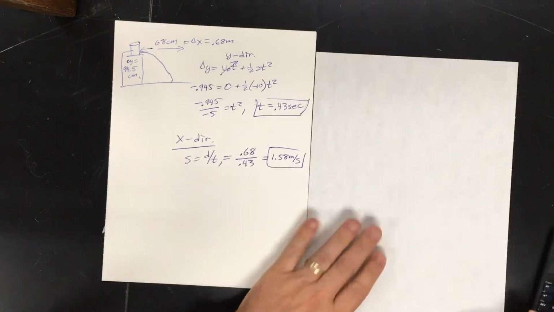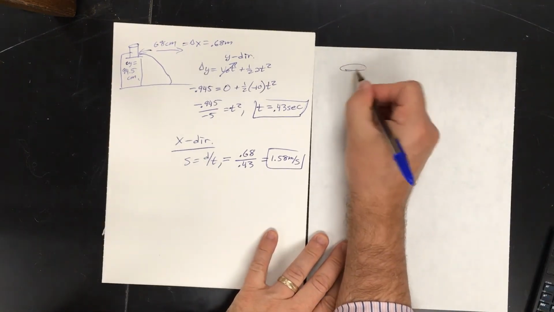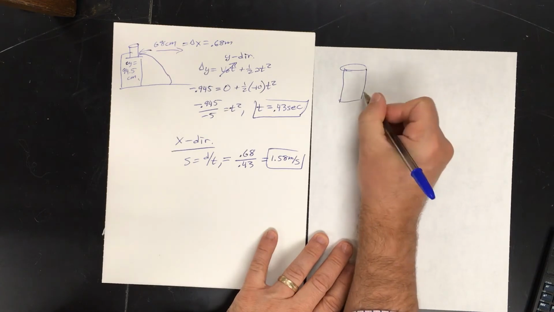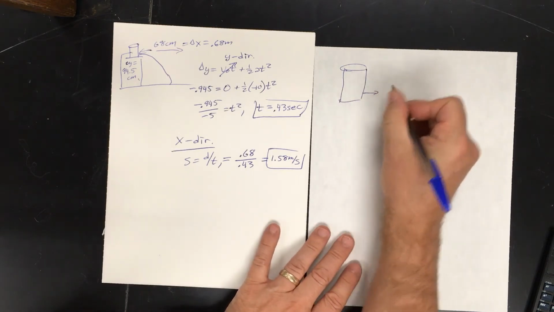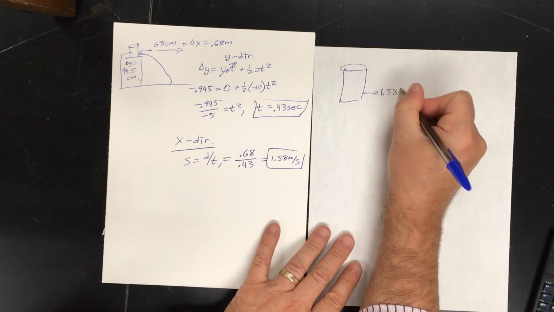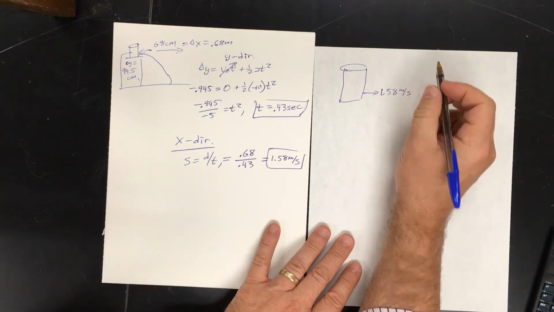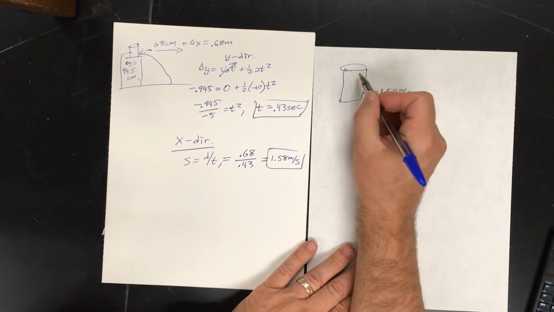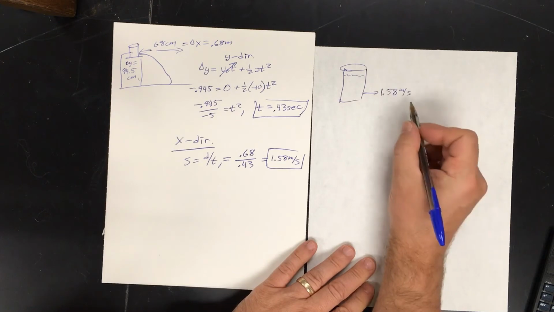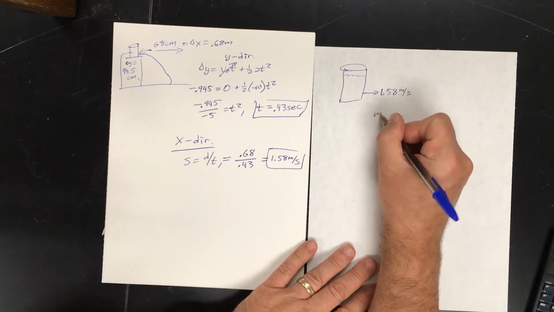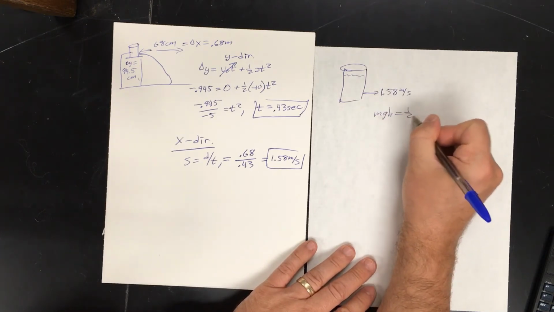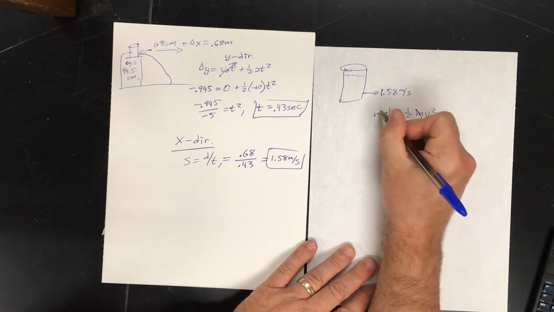Now, let's imagine we have this bucket, okay? And we believe that the water comes out at a speed of 1.58 meters per second. Well, if we were pretending that we were doing conservation of energy, we would say that mgh equals 1/2 mv squared. The m's cancel.